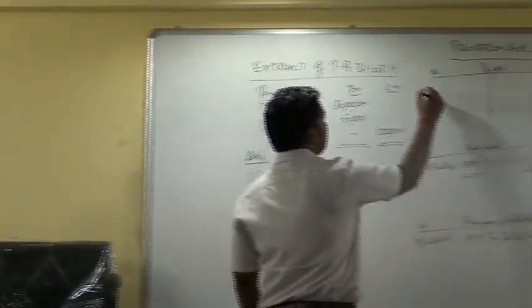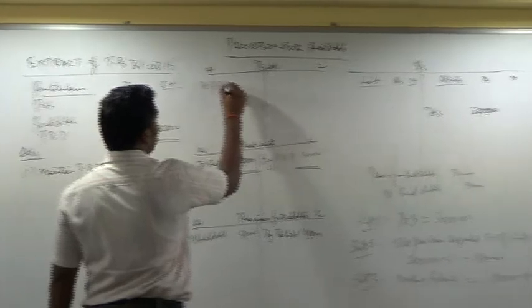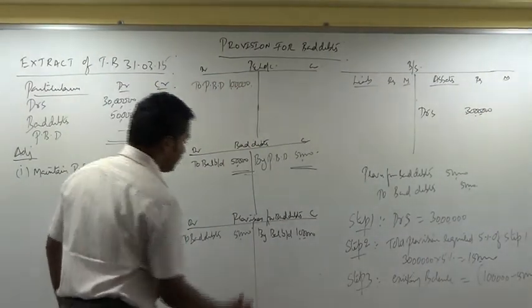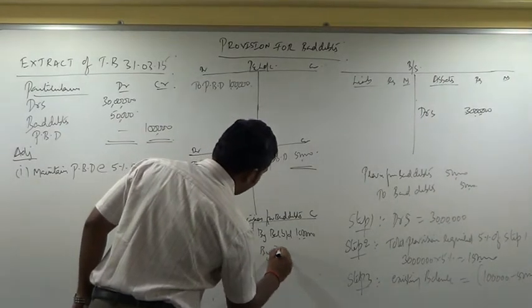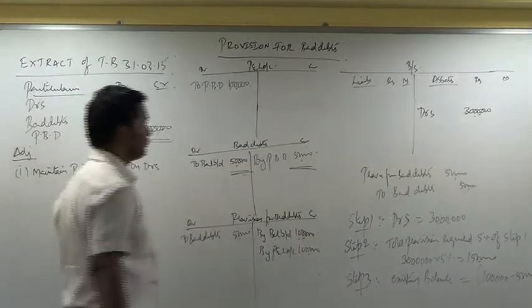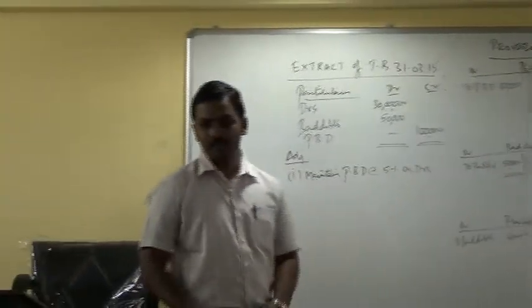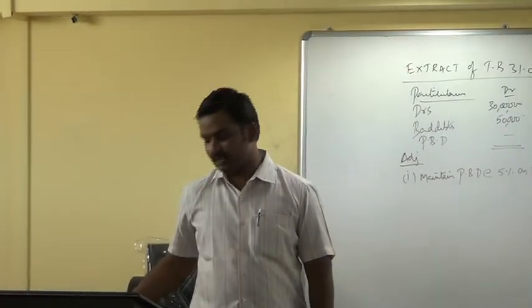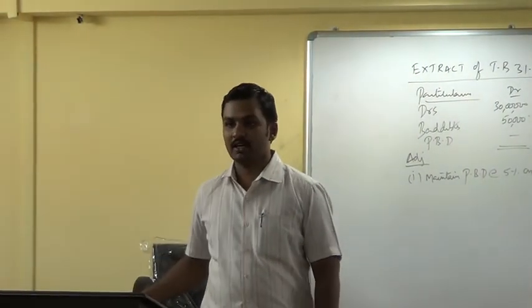P&L account will be debited to provision for bad debts 1 lakh. Provision for bad debts account will be credited by profit and loss account 1 lakh. I have given posting of that entry. P&L account is debited, provision for bad debts account is credited.